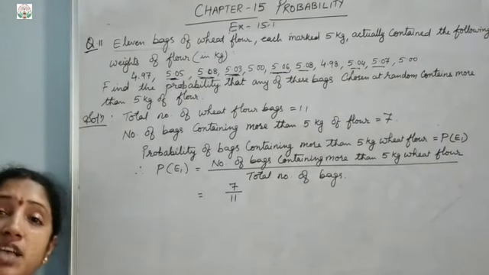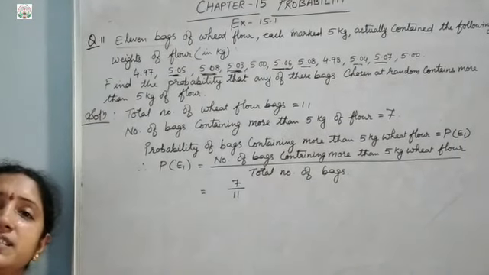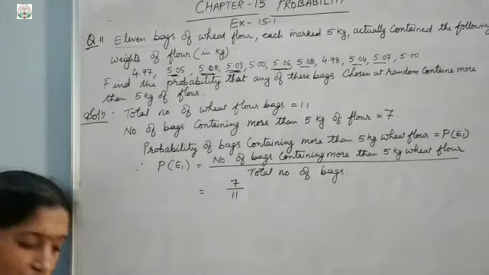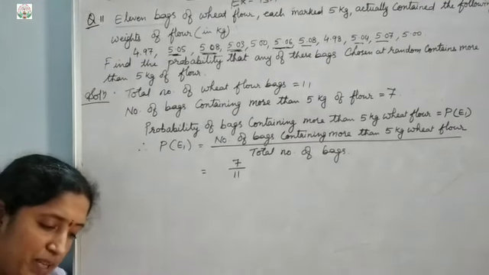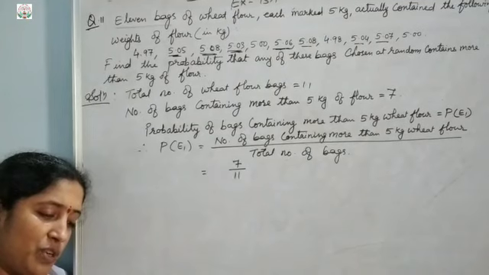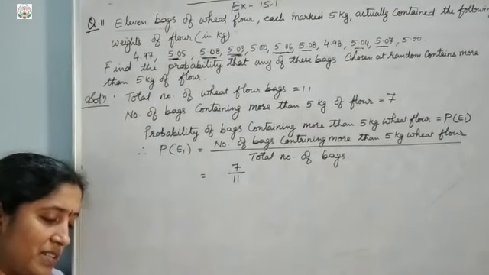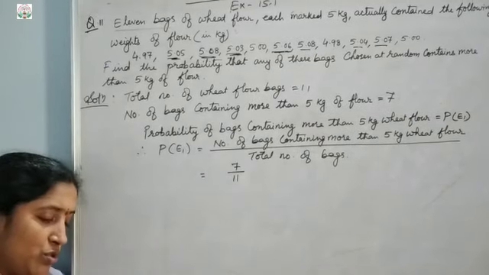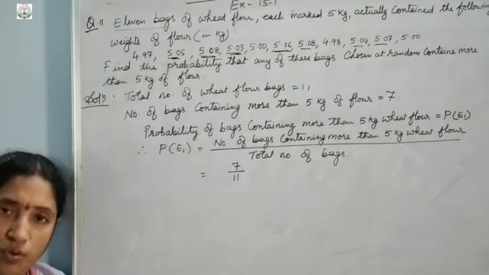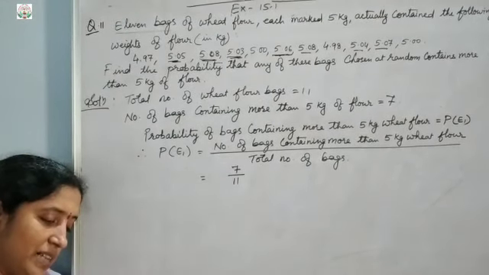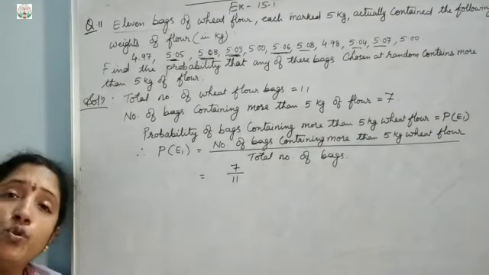Make a grouped frequency distribution table for this data with class intervals 0.00 to 0.04, means a gap of 0.04, and then 0.04 to 0.08 and so on.